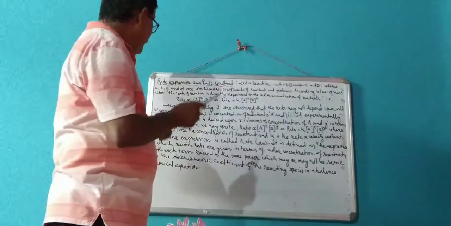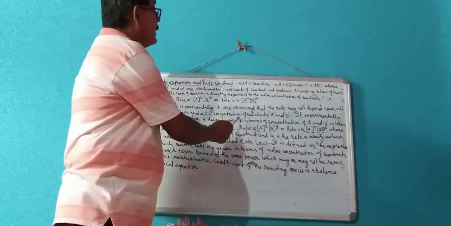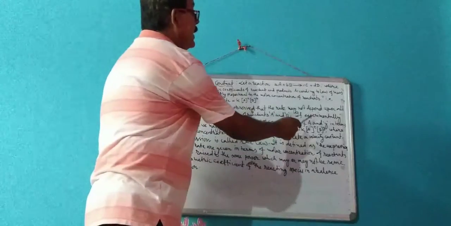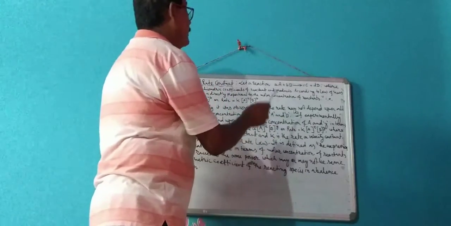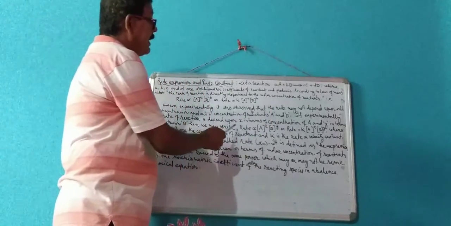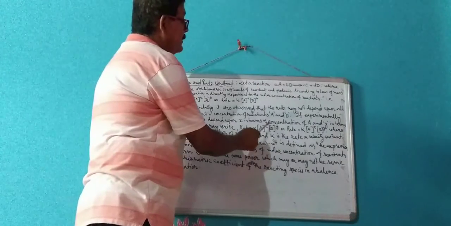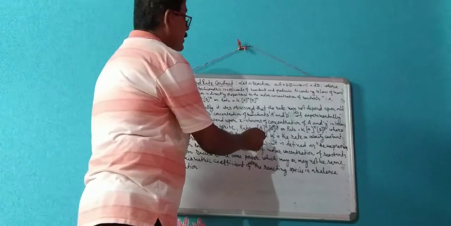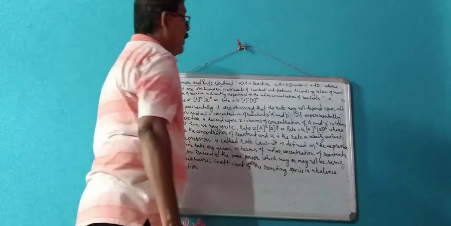So if experimentally the rate of reaction depends upon concentration of A to the power x and concentration of B to the power y, in the new form we can write that rate is proportional to A to the power x and B to the power y.